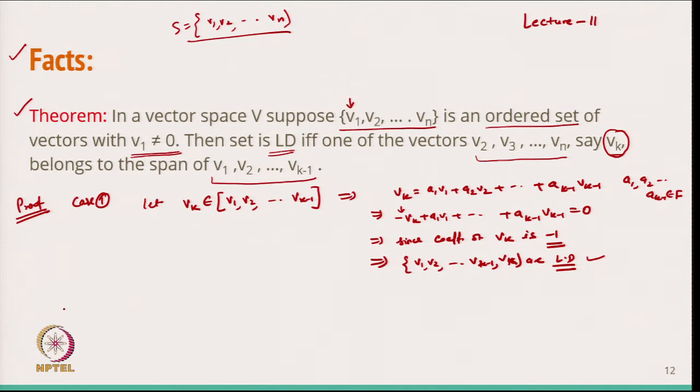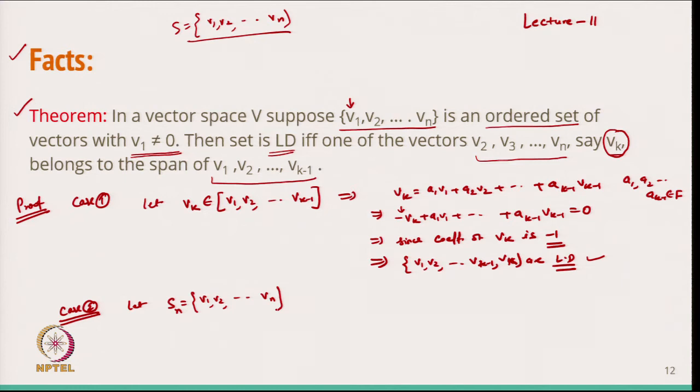Now I take the converse of this, the second part. Let us assume that the set S is LD. Let me take the set S as V1, V2 up to Vn.